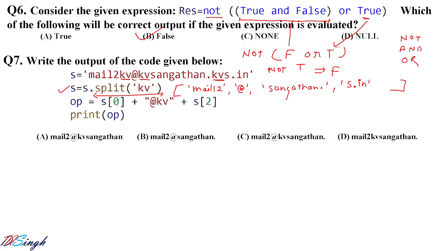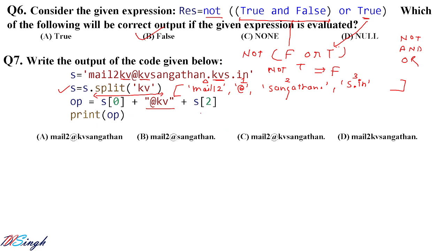Now they are saying s of 0, concatenated with at the rate KB, and then s of 2. So we need to see the indexes 0, 1, 2 and 3. These are the indexes of this list. So s of 0 is what? Mail12 or mail2. All the options will have mail2, and then at the rate KB will be concatenated with this string.